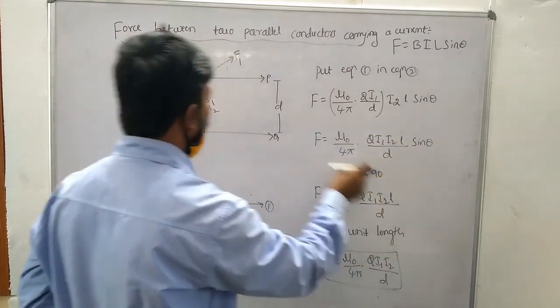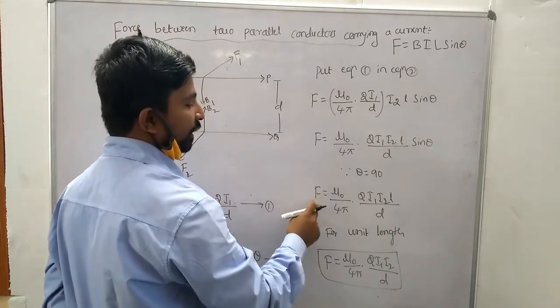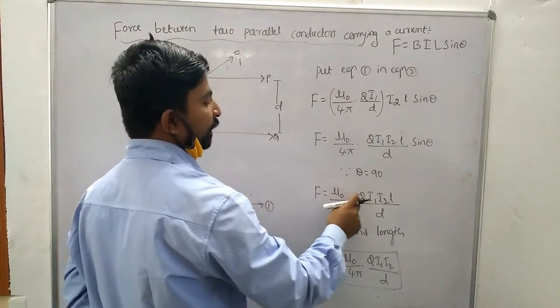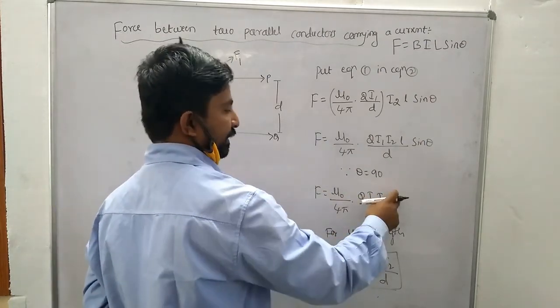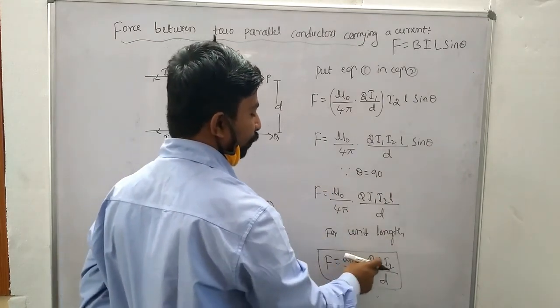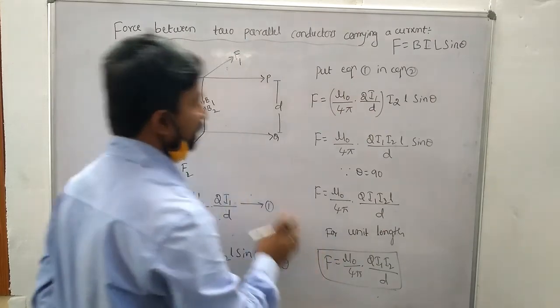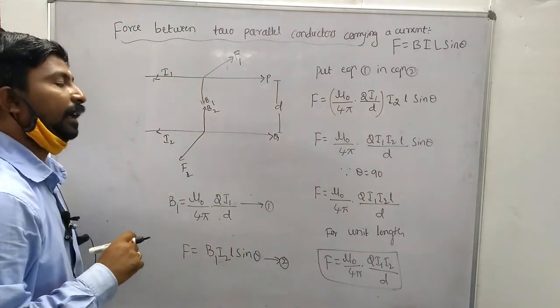If theta is equal to 90 degree, what is sin 90? Sin 90 is equal to 1. Then F is equal to mu naught by 4 pi 2 I1 I2 L by d. For unit length, L is equal to 1. So finally F is equal to mu naught by 4 pi 2 I1 I2 by d. So this is the derivation of an expression for force between two parallel conductors carrying a current.